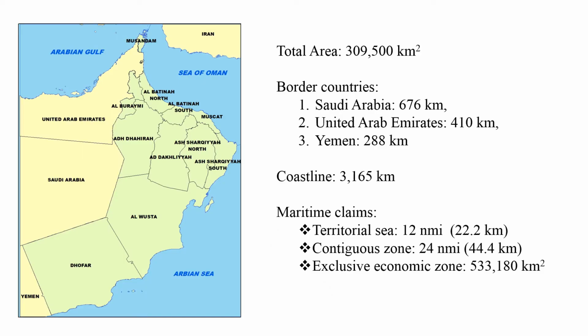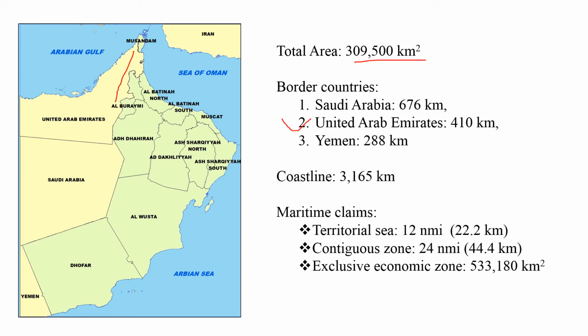So let's see first the geography of Oman. Oman has a total land area of almost 309,000 square kilometers, and it has three bordering countries. In the northwestern part, the border is with the United Arab Emirates.